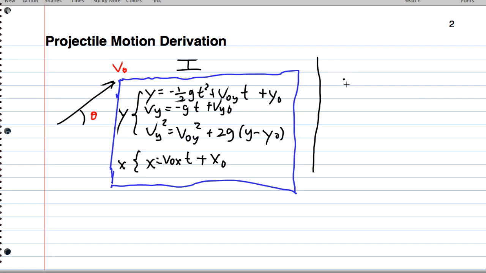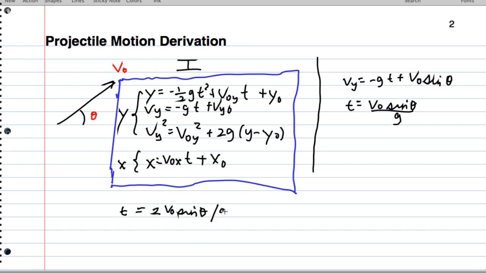And let's see, so we've got Vy equals negative gt plus V naught sine theta. And of course, when we isolate time, we're going to get V naught sine theta divided by g. So we double this to get the hang time. So that's 2 V naught sine theta divided by g. That's one formula.